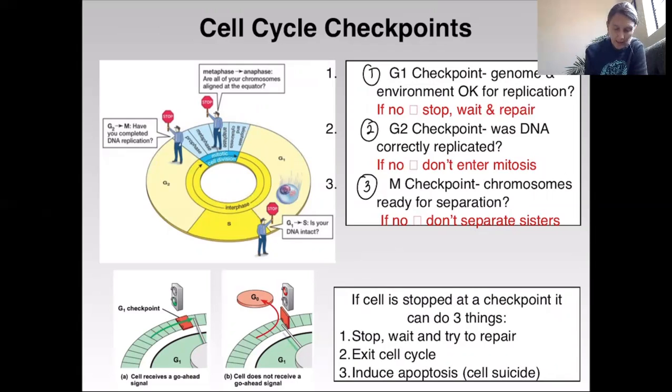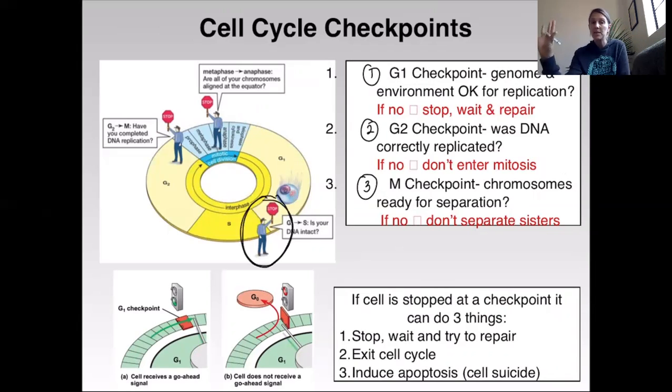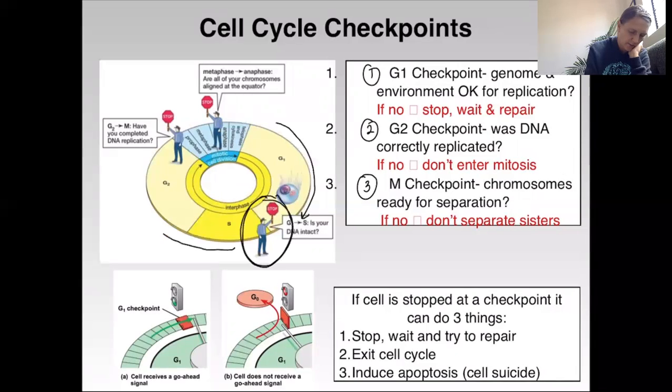I always think literally there's a little dude with a stop sign. It's actually a little protein instead of a little dude, but it says, hold on, wait a second. Is the genome okay? Is the environment okay? If everybody looks good, I will let you go through. So as a cell goes along, it can stop there and it says, hey, are you ready for DNA replication? If so, we're going to go through DNA replication.